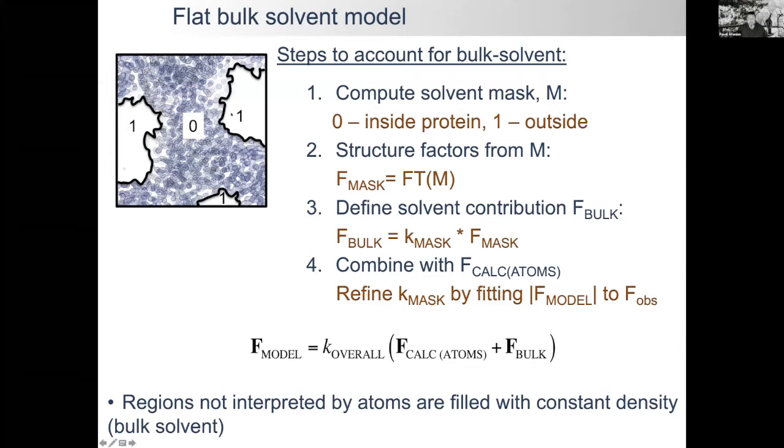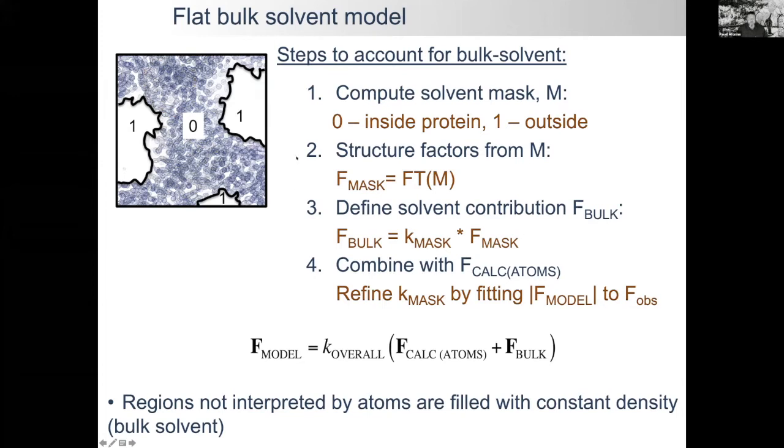I think SHELX does it slightly differently, but that's the idea. You basically assume that bulk solvent is flat, so there's no variation of electron density inside a bulk solvent region, and these are the steps that do the job.